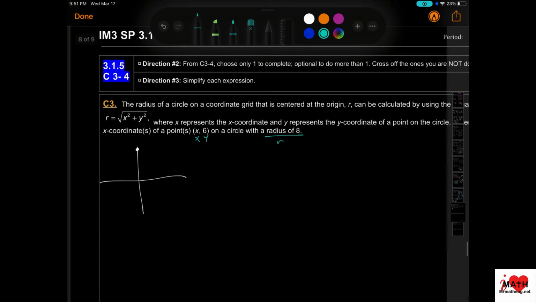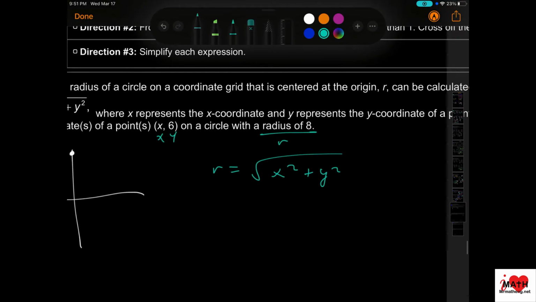So let's write down that formula. And let's just plug in all of our numbers here. So there goes our x, there's my y, and there's my r value.